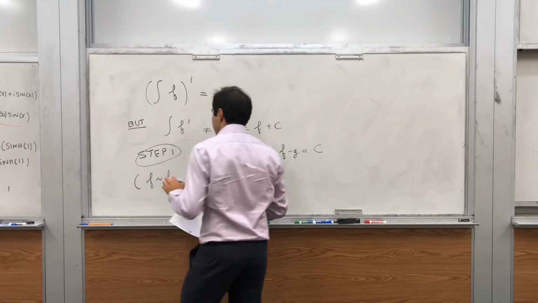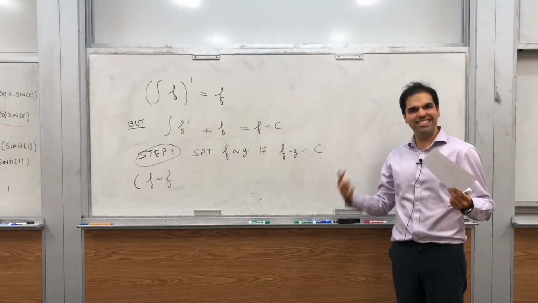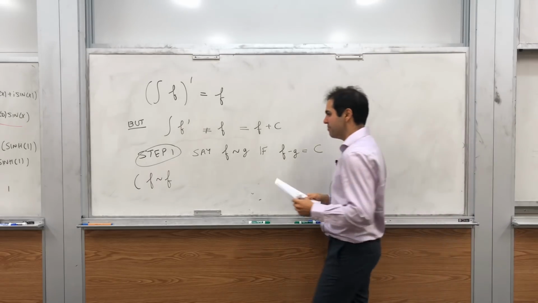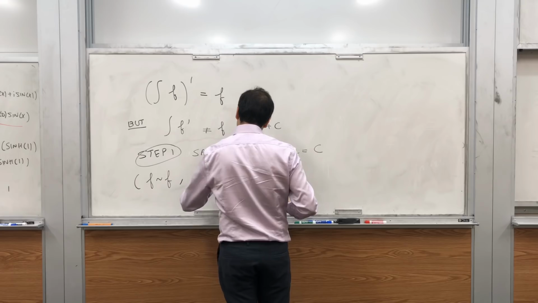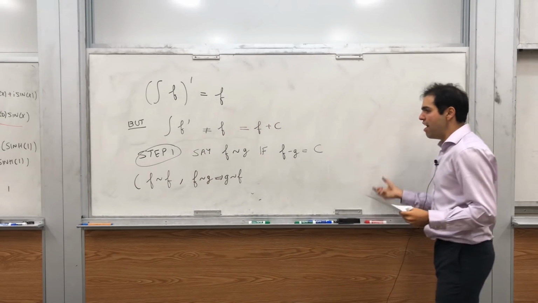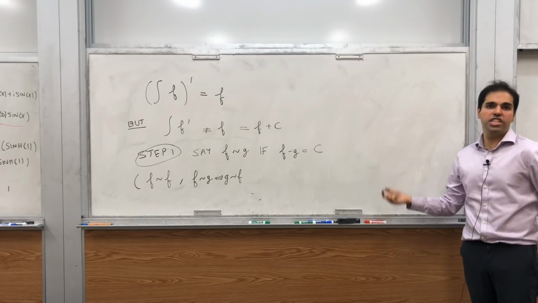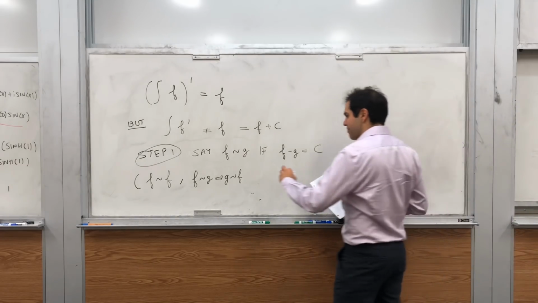Namely, f is equivalent to itself because f minus f is 0, which I hope we can agree is a constant. If f is equivalent to g, then g is equivalent to f. Yes? Because if f minus g is a constant, let's call it c, then g minus f is minus c, which is still a constant.